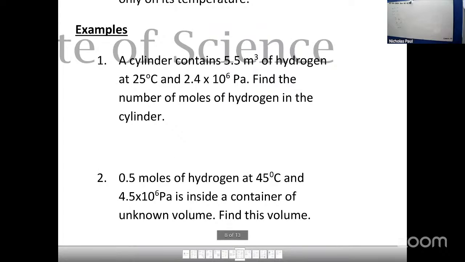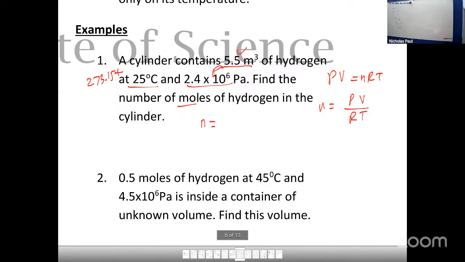So they give you volume, they give you pressure. We don't want this temperature, we have to add 273.15. And they want us to get the number of moles. So we're using PV = nRT, and n is equal to PV over RT.